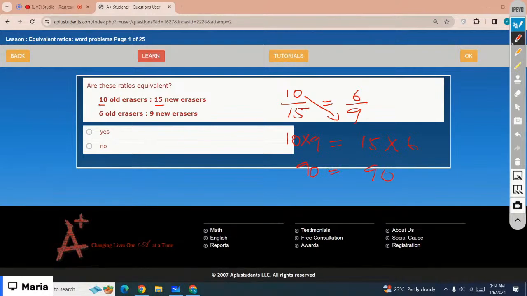So which is the correct option? So that means the correct option is yes, they are equivalent.